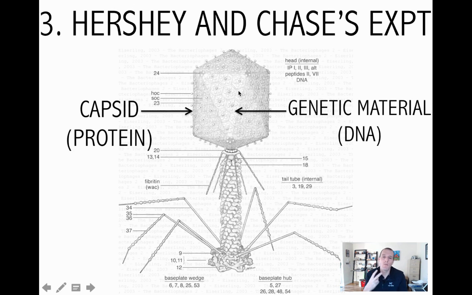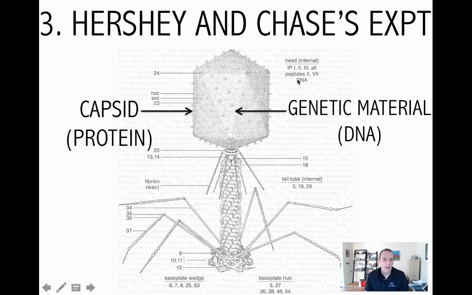A couple of important things about these bacterial viruses. They're only made of 2 types of macromolecule. They've got these capsids, which are made of proteins, like a protein shell. And inside the capsid is where the genetic material is found. So we've got DNA as the genetic material, wrapped in a protein shell called the capsid.